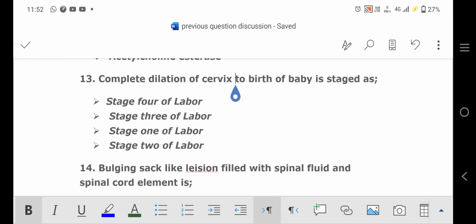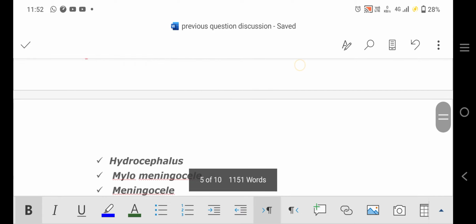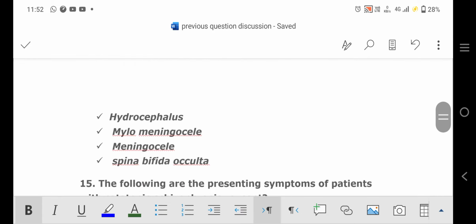Next question. Bulging sac-like lesion filled with spinal fluid and spinal cord elements. Options: hydrocephalus, myelomeningocele, meningocele, spina bifida occulta.